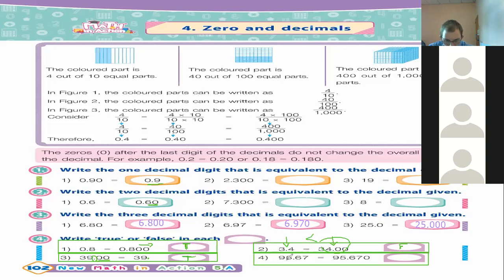And number 4, 95.67 equals 95.670. True or false?